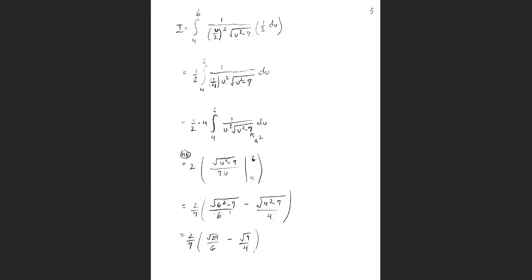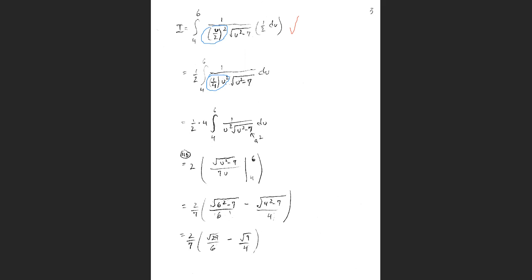This is the integral we have, and I can't apply formula 45 yet. I have to just rewrite my integral a little bit. So the u divided by 2, that quantity squared, is 1/4 u squared.